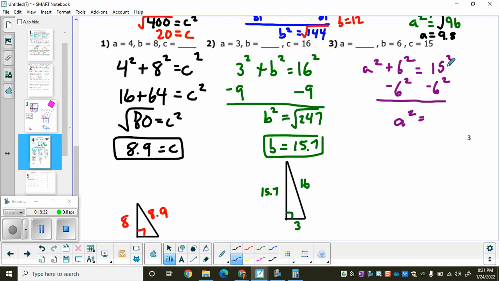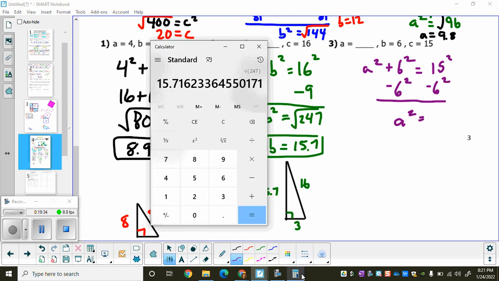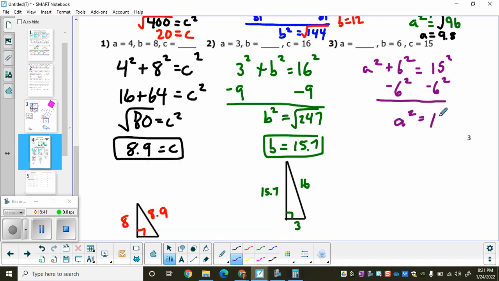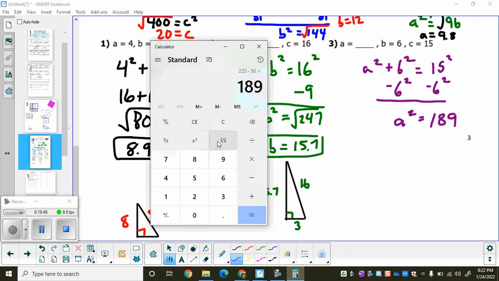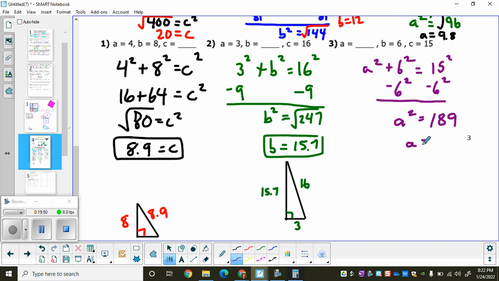So I'm going to do 225 minus 36. I get 189. So if I get a 189 here, it's not a perfect square. I'm going to have a decimal. When I take the square root of it, it's going to be a 13.7. So A is a 13.7.